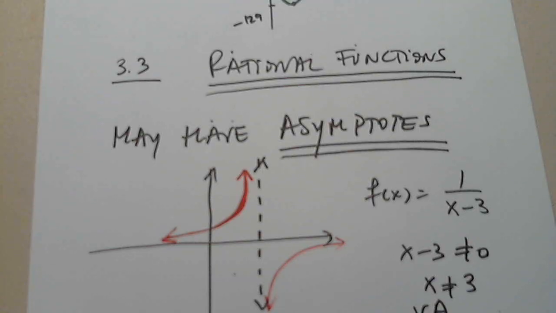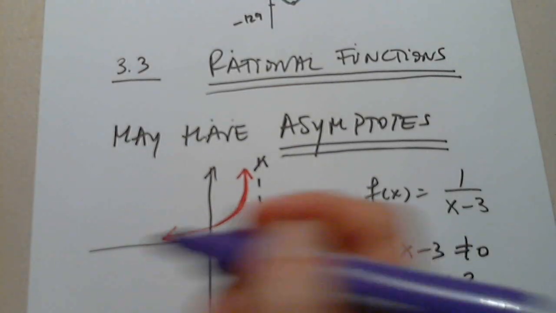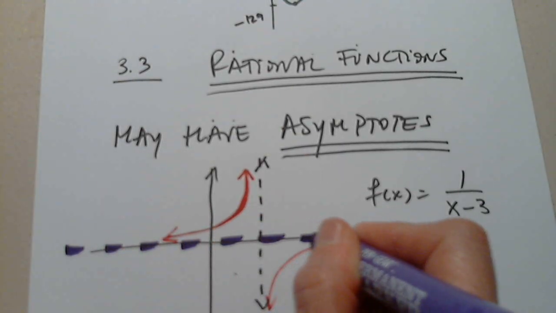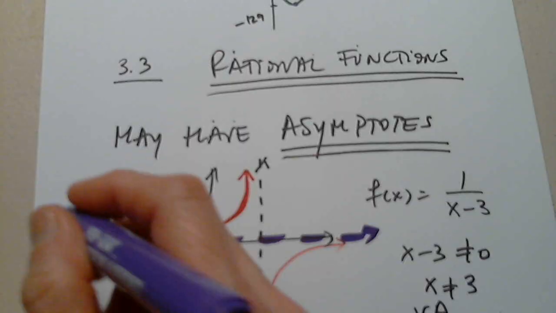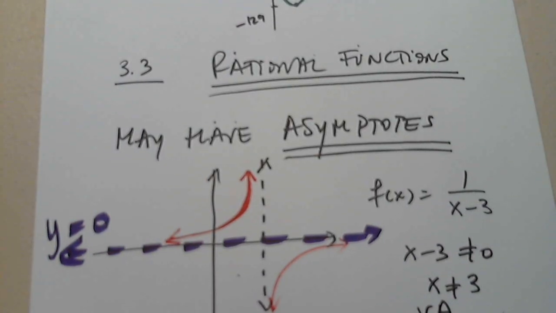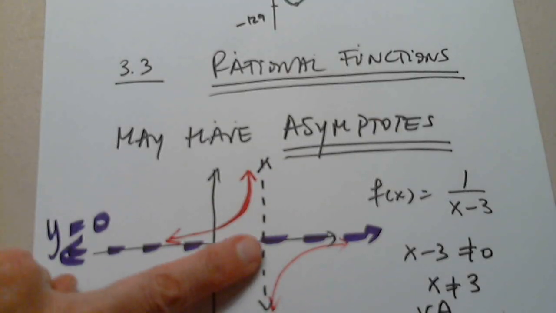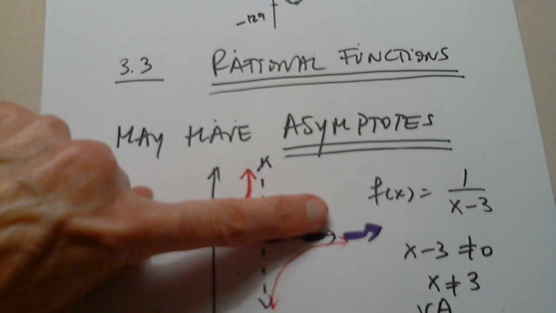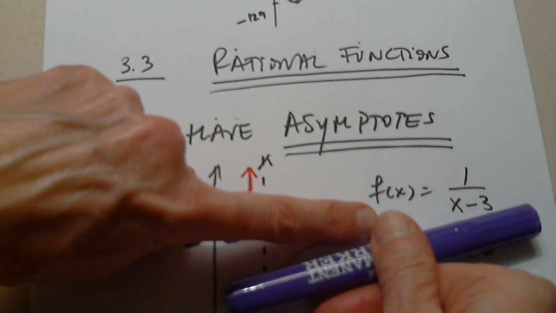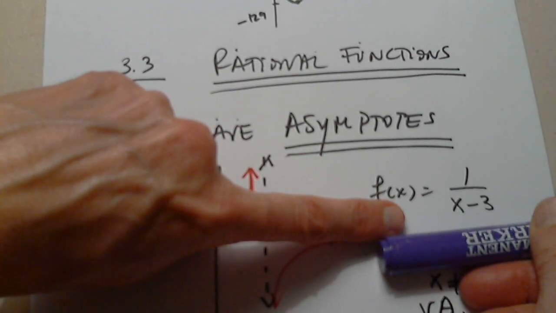Also, notice something else. This function, in the way I graphed it, also has a horizontal asymptote. Y equals 0. How come? Yes, as x approaches infinity, the function values get closer and closer to 0.